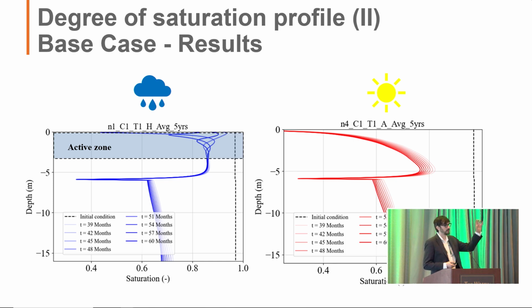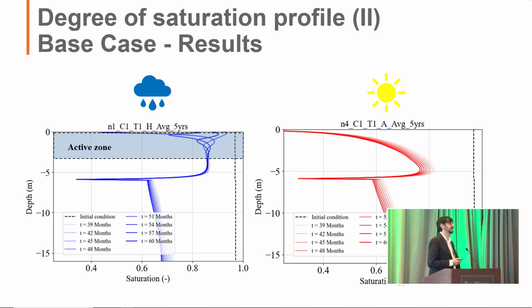The degree of saturation changes across the year, but it is almost always above the threshold of 0.8 saturation, right? And to the right side, we can see that the arid scenario is still drying out, and the objective of having a saturated cover is not being obtained.